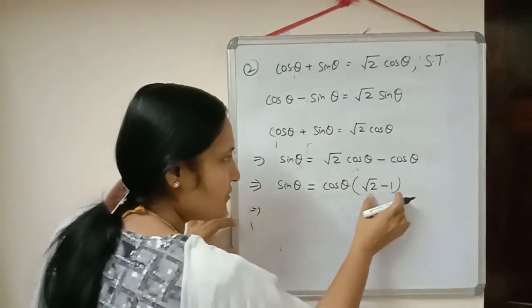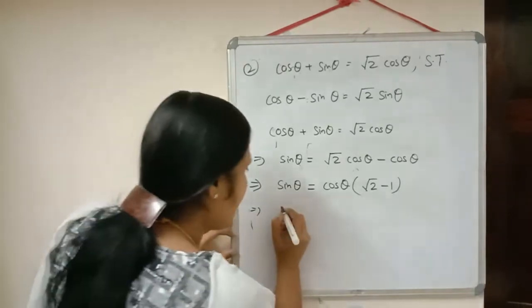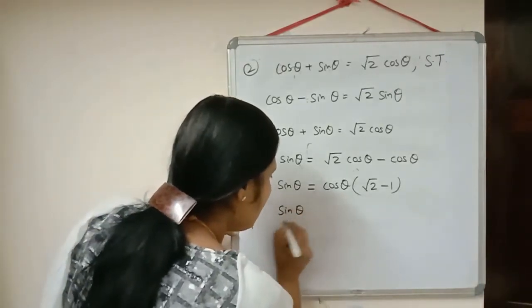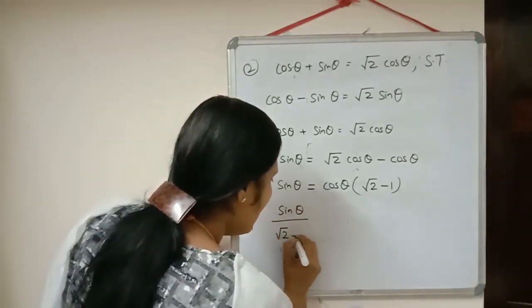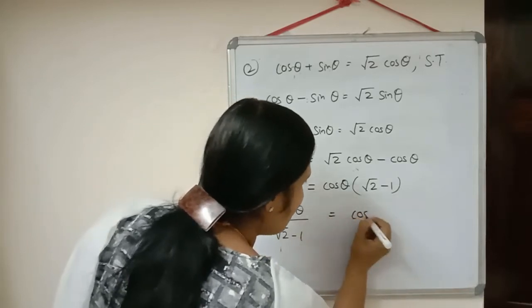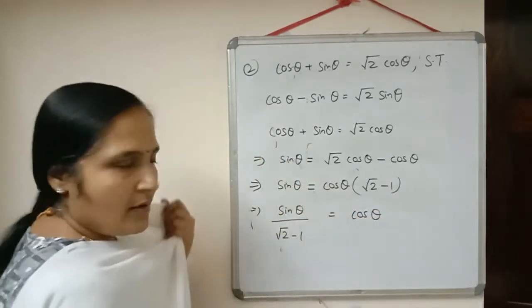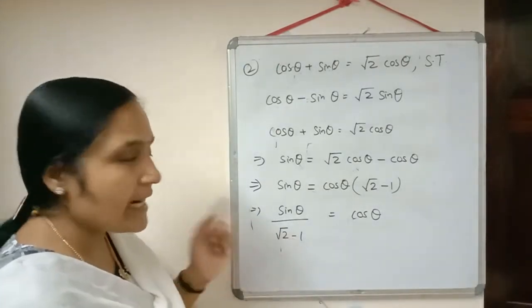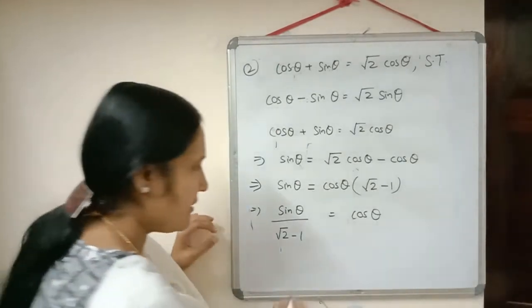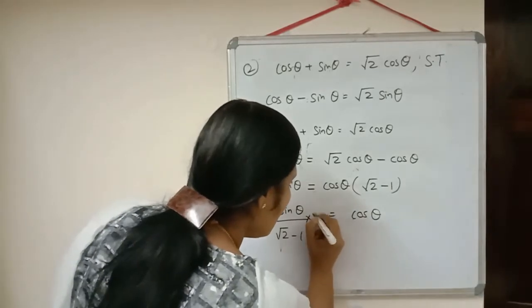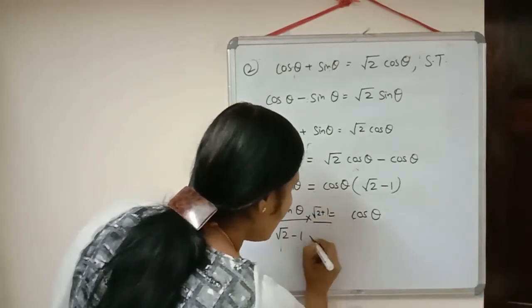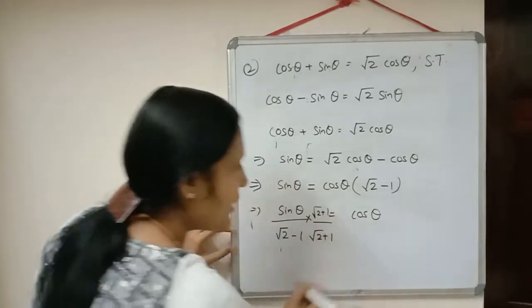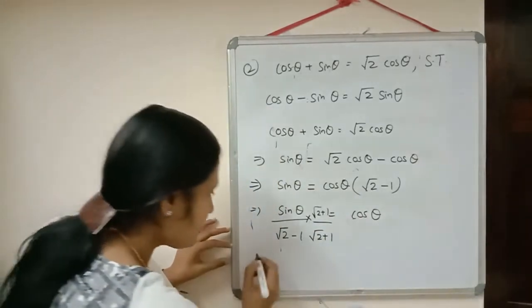Now we'll shift this root 2 minus 1 to the left hand side. Then sin theta by root 2 minus 1 is equal to cos theta. So now, to make our calculation easier, we can rationalize the denominator. To rationalize the denominator, we'll multiply both numerator and denominator by root 2 plus 1.